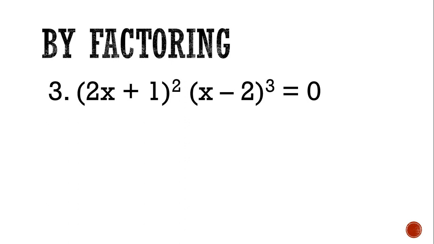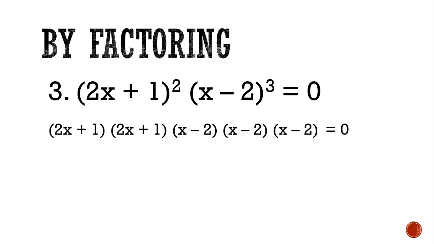This polynomial equation can be expressed and written as linear factors, such as 2x plus 1 times 2x plus 1 times x minus 2 times x minus 2 times x minus 2 is equal to 0.